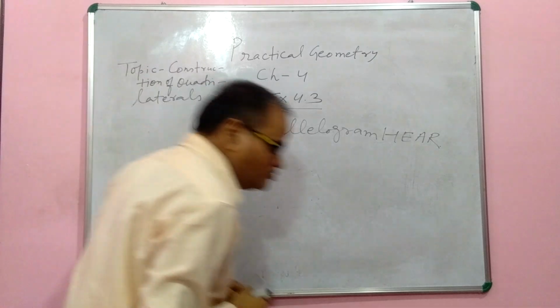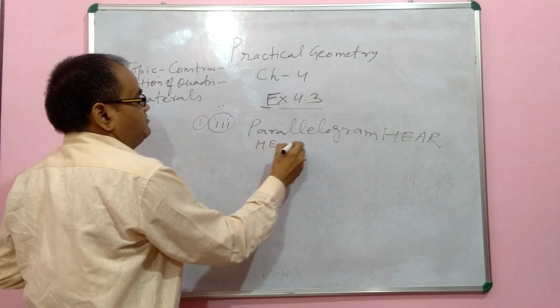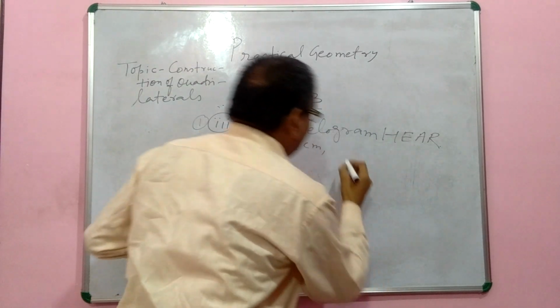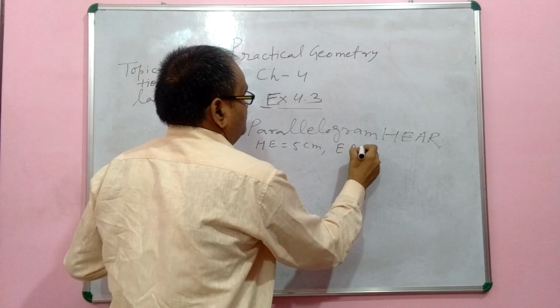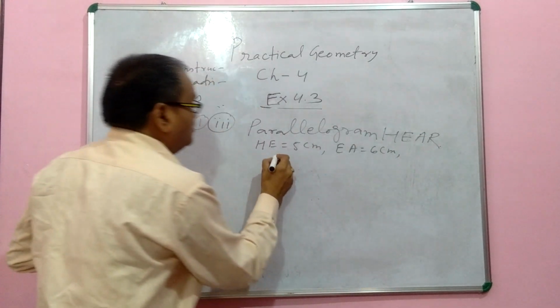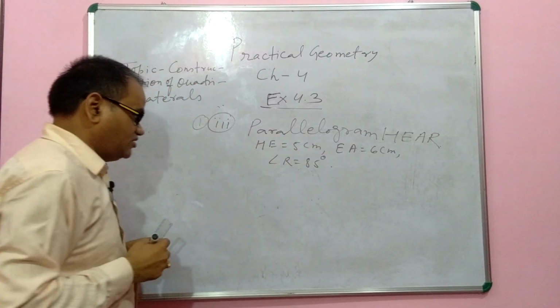How will you construct? Look here. What is given? HE equal to 5 centimeter given. EA equal to 6 centimeter given. And angle R equal to 85 degree.